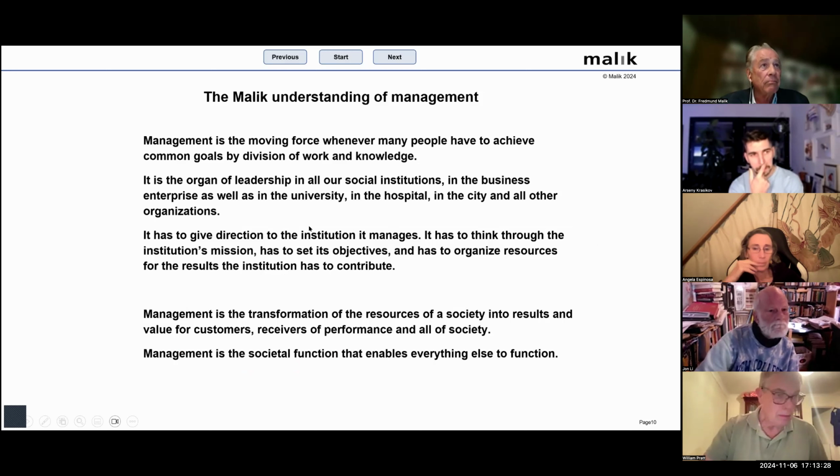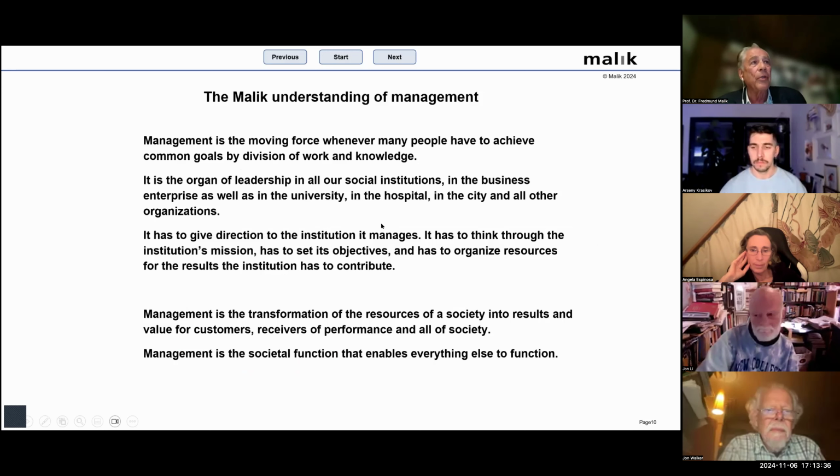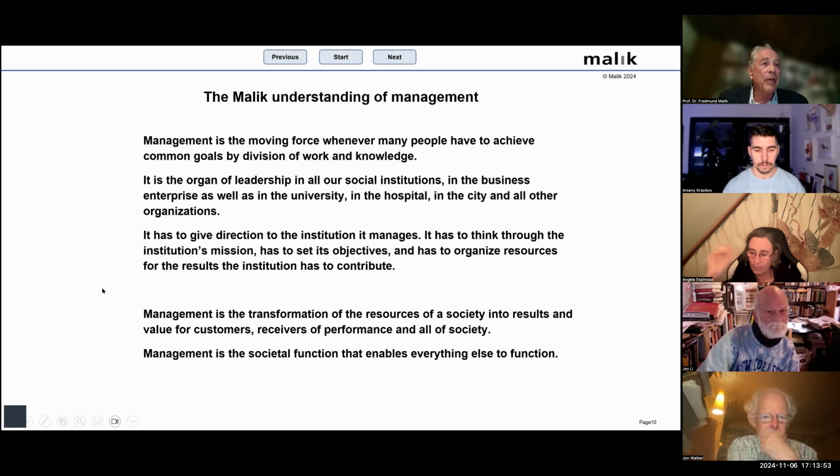So, my understanding, management is the moving force whenever many people have to achieve common goals by division of work and knowledge. It is the organ of leadership in all our social institutions, in the business enterprise as well as in the university, in the hospital, in the city, and all other organizations. It has to give direction to the institution it manages.